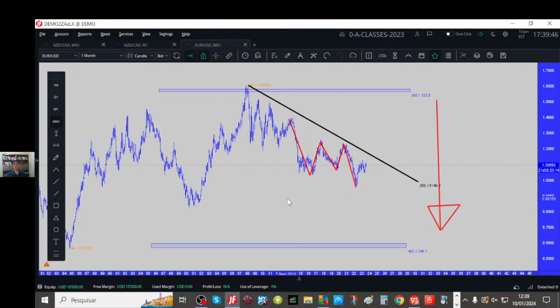If you want to buy euro dollar on the 1 hour chart, 15-minute chart, daily chart, whatever chart, are you going with the trend on the monthly or are you going against the trend on the monthly? Boss, but I'm on the 1 hour. It doesn't matter. This is why you keep losing and giving it back to the market.